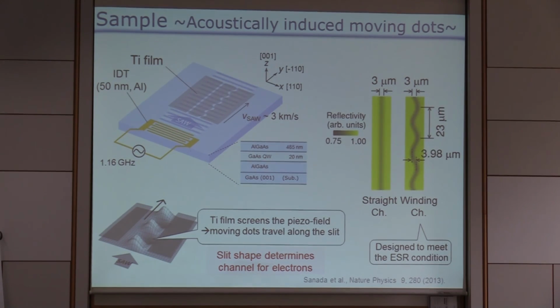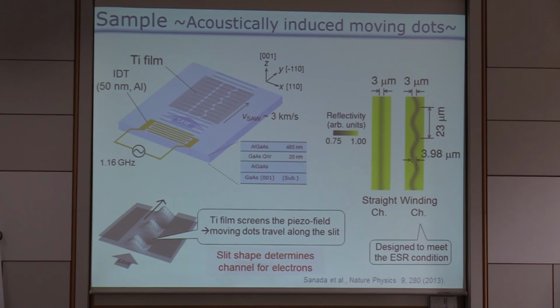So for the straight one, the SAW wouldn't be attenuated along the path, but for the winding one, when the SAW propagates along, you will always see some metal in the path. Then that attenuates the SAW power more. I see. Probably the acoustic wave was attenuated to some extent by the film here, but we did not see the effect as significant.